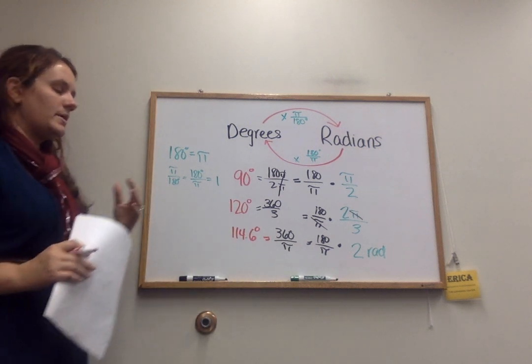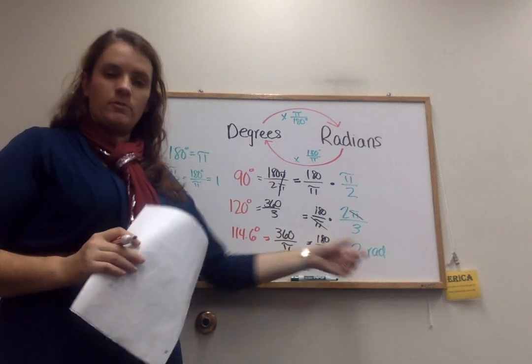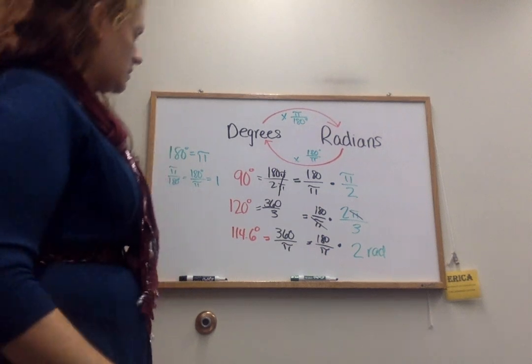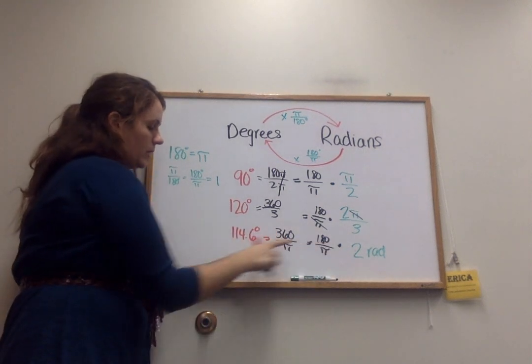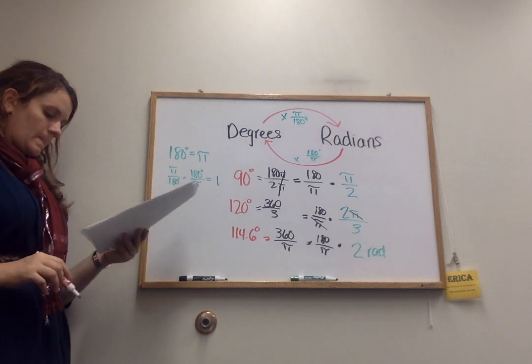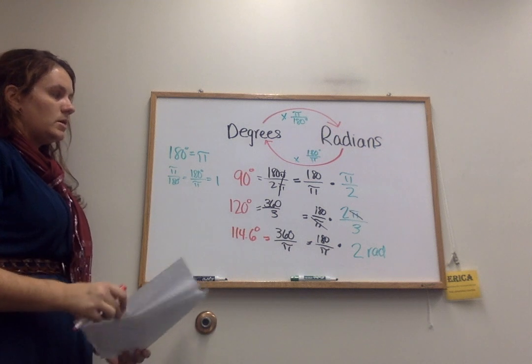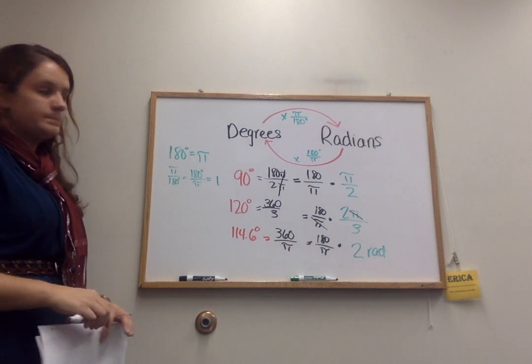And hopefully that should make sense to you. Pi, which is 180 degrees, is 3.14 radians. This is less than 3.14. This is less than 180 degrees. Okay, so that's being able to convert between the two different measures of angles.